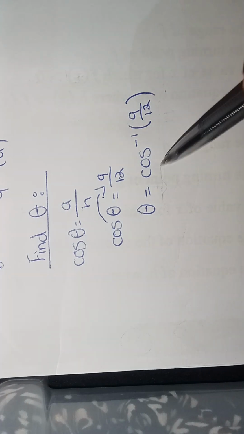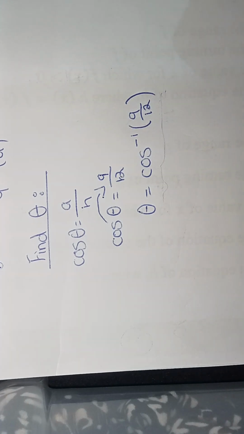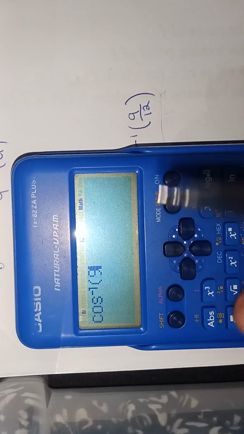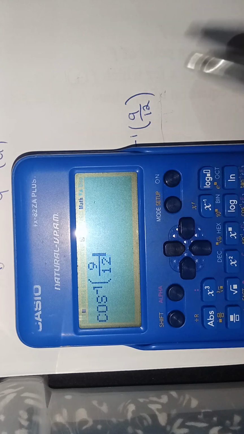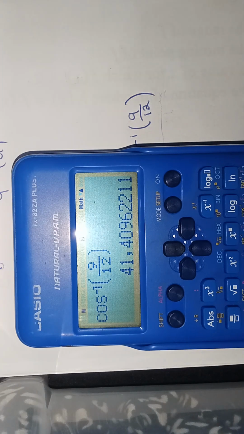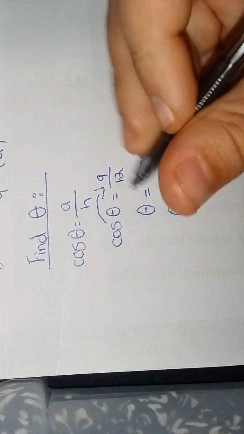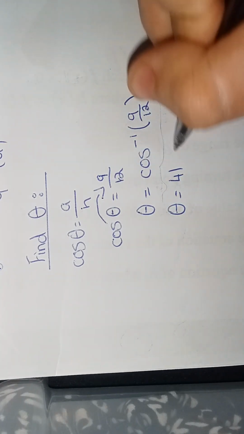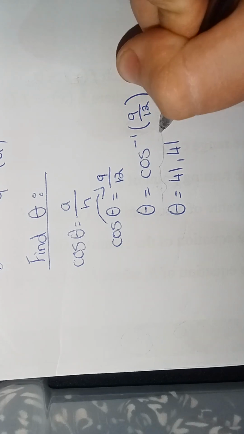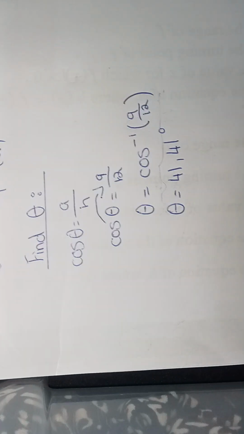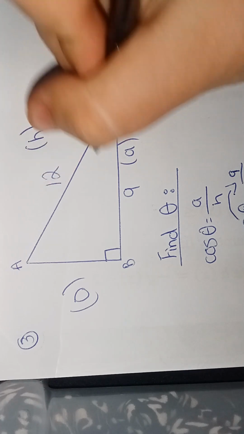If you don't write this step down, you're not getting your marks. So just fill it in then, 9/12. So our theta is 41,41 degrees. So that is the value of our theta.